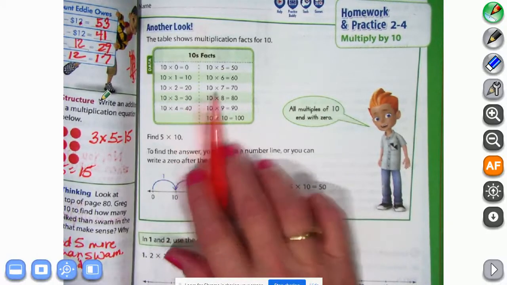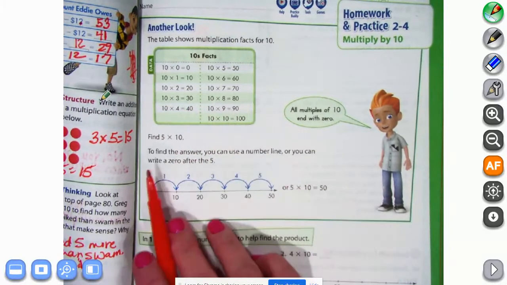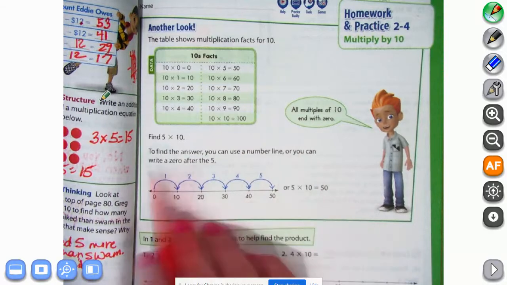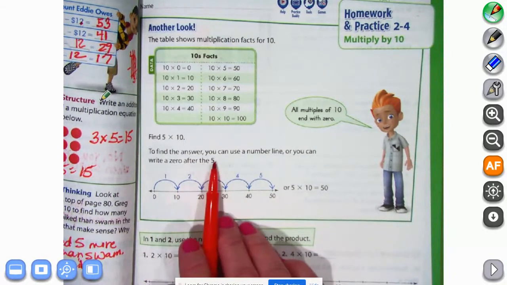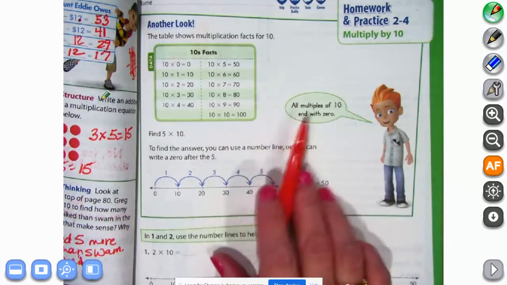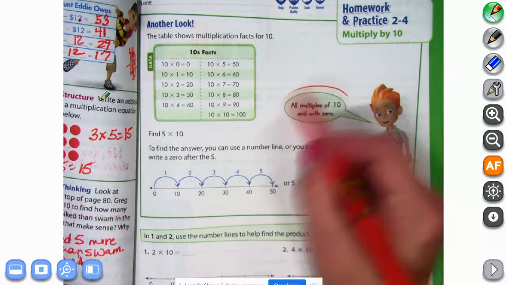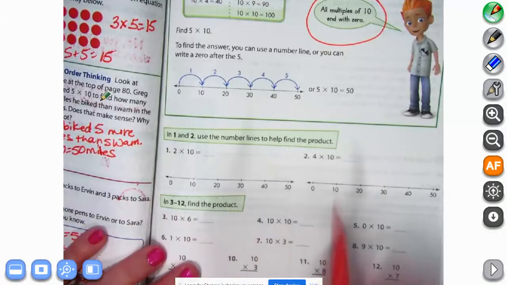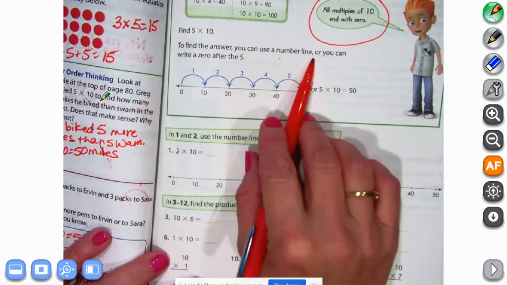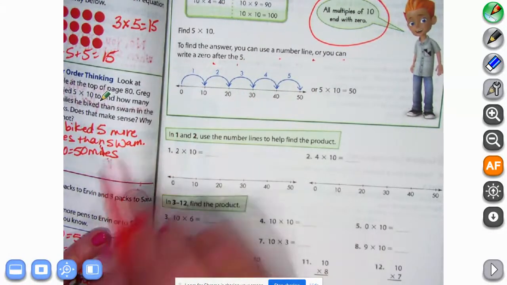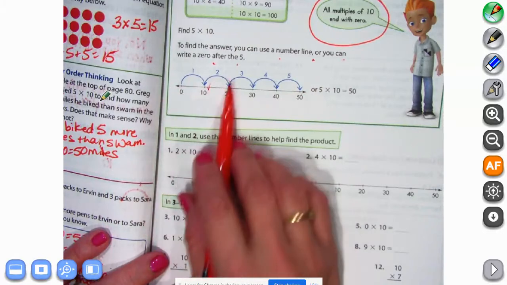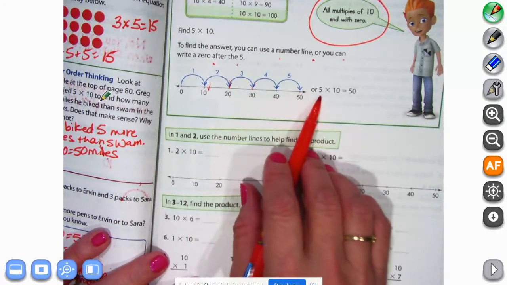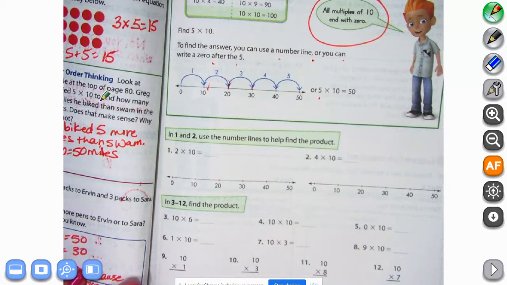It says to find the answer, you can use a number line or you can write a 0 after the 5. All multiples of 10 end with 0. That's a big one. So 10, 20, 30, 40, 50, or 5 times 10 equals 50.